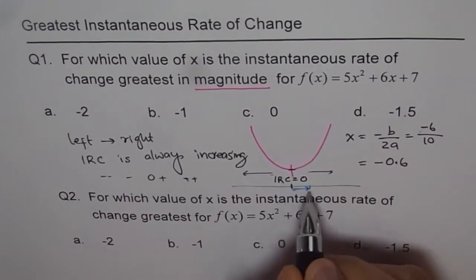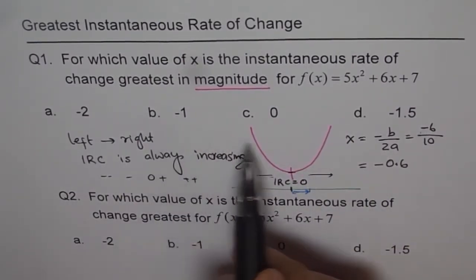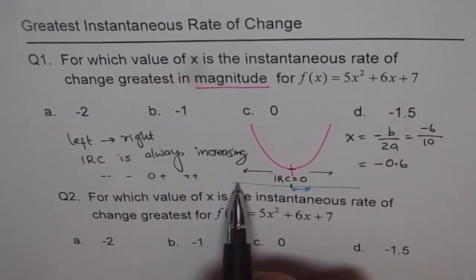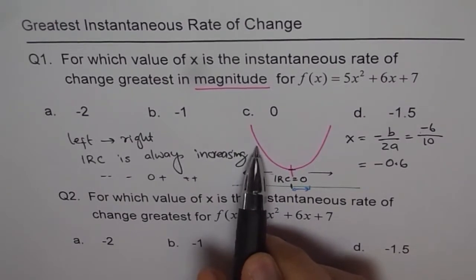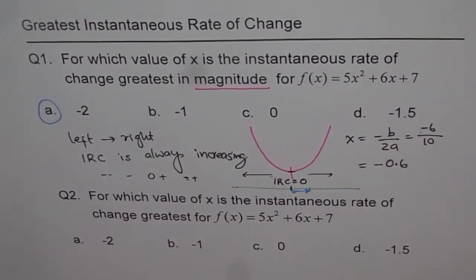All other choices are on the left side, more and more. The farther away you go, the more the magnitude. So we get the answer as negative 2 for A. That is the answer when we are considering greatest magnitude.